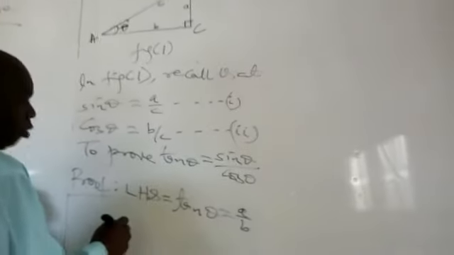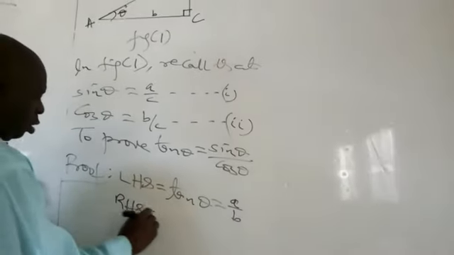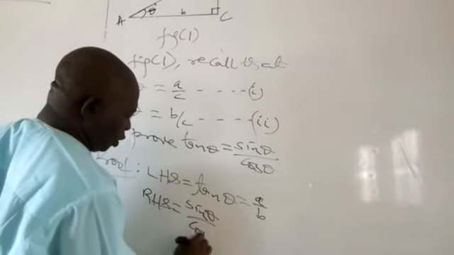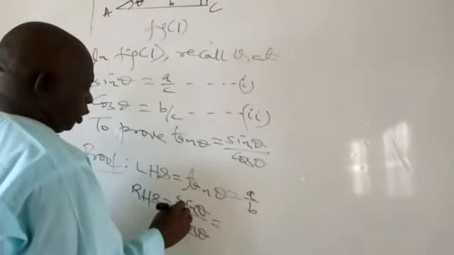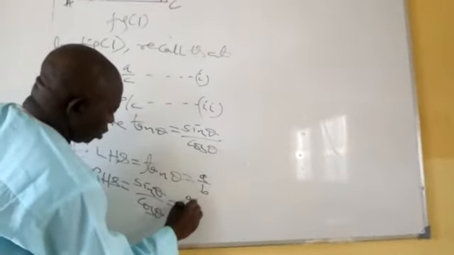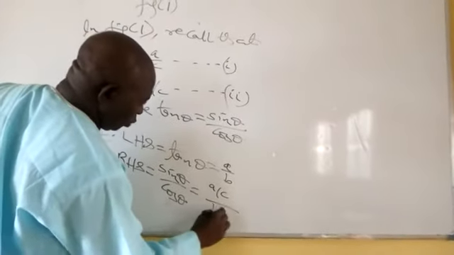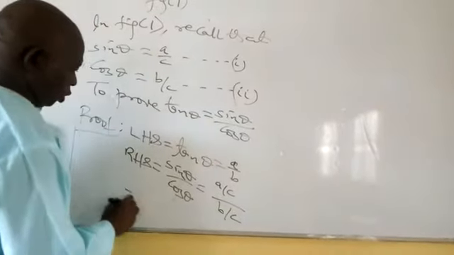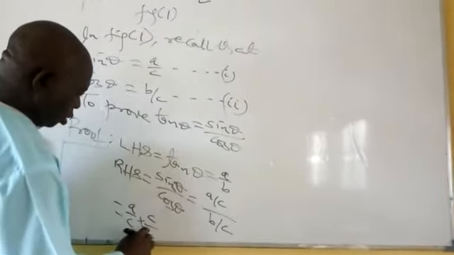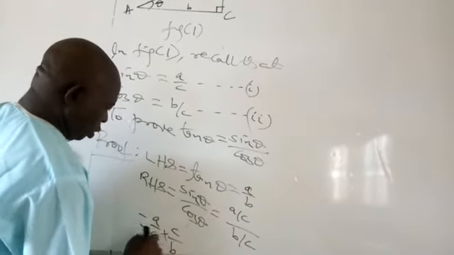Then the right hand side is equals to sin theta over cos theta. And we said sin theta from equation 1 is a over c, over cos theta from equation 2, b over c. So this is equals to a over c times c over b. C will cancel.